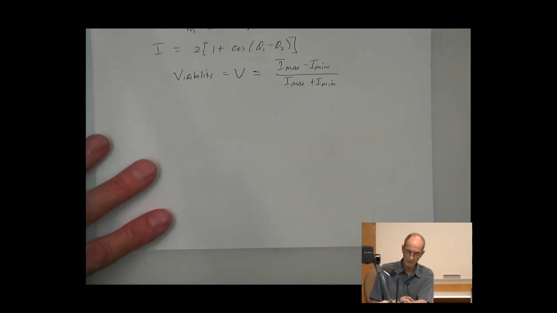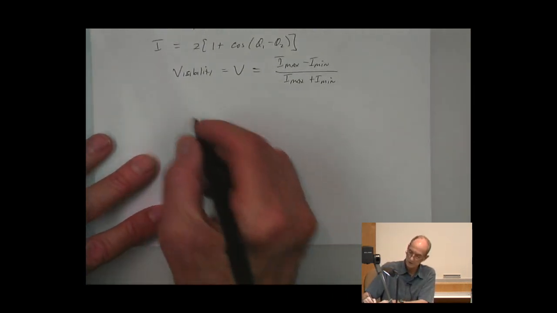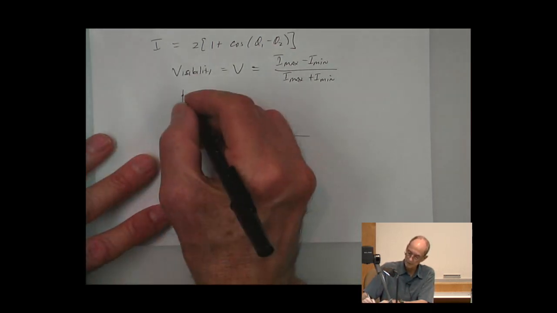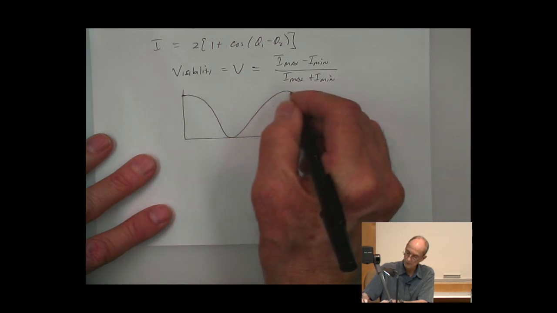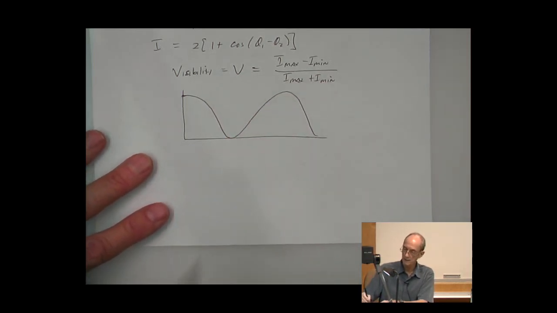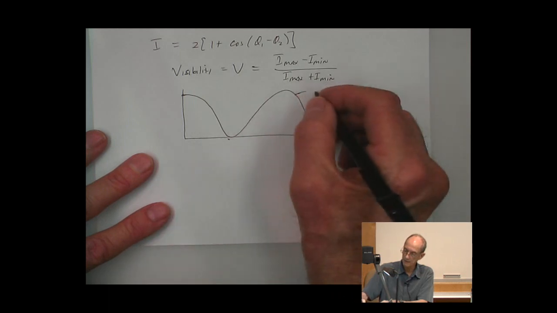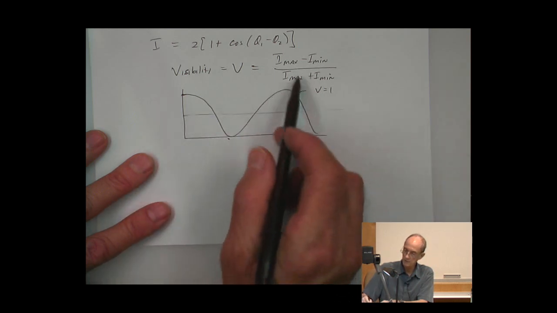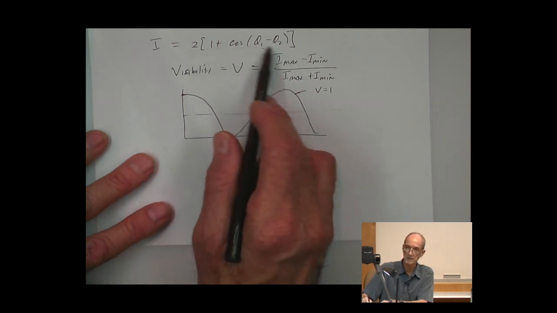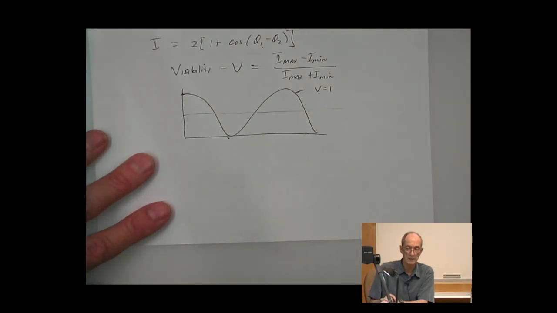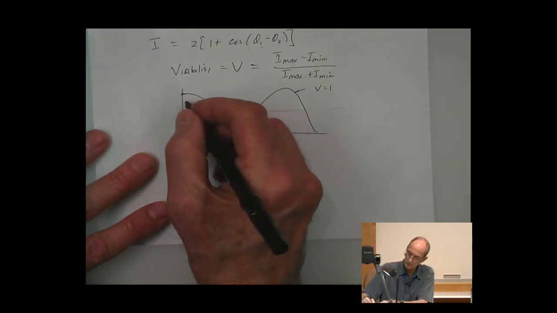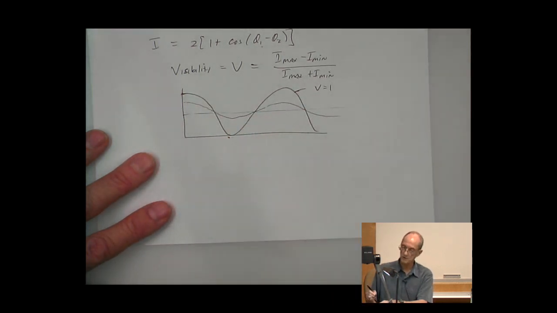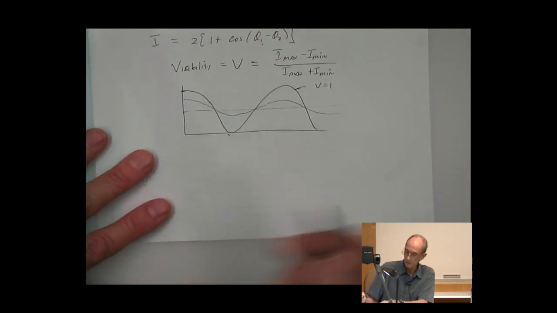And so the actual visibility that we would see is something that goes from 2, and then it goes down to 0 and back up again. This would be with a visibility equal to 1, and if there's a problem with the phase difference being constant, this visibility will start to decrease.